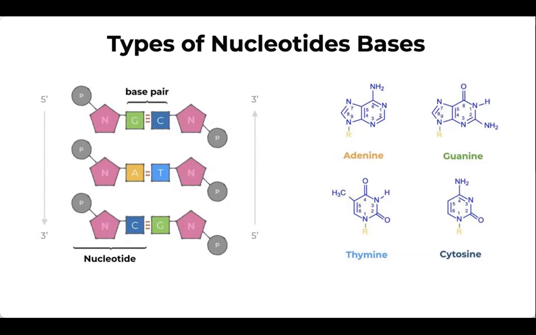The organization of nucleotides is such that they are joined to one another in a chain by covalent bonds that form between the sugar of one nucleotide and the phosphate of the next. This results in an alternating sugar-phosphate backbone. The nucleotides of two complementary strands are connected together by base pairing. This base pairing scheme always connects adenine with thymine and guanine with cytosine.